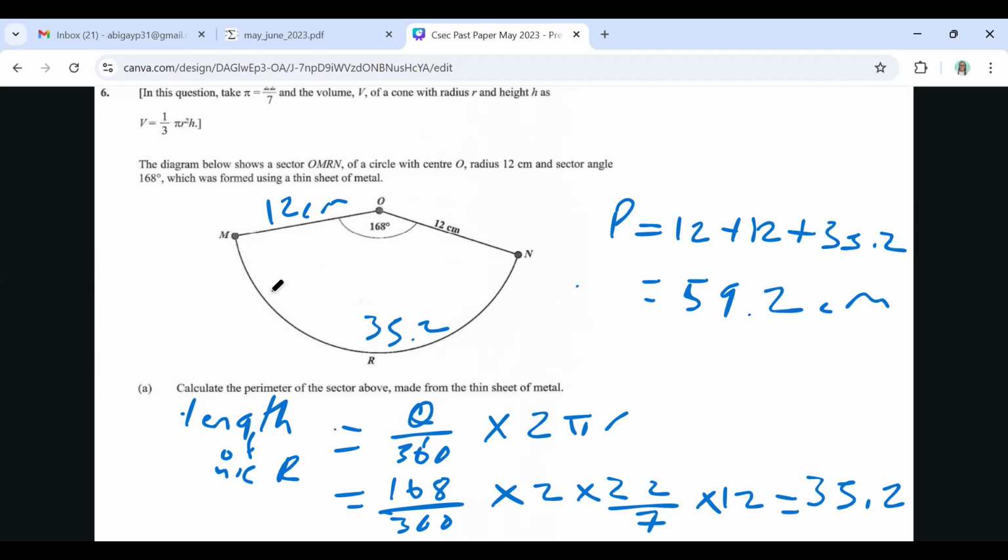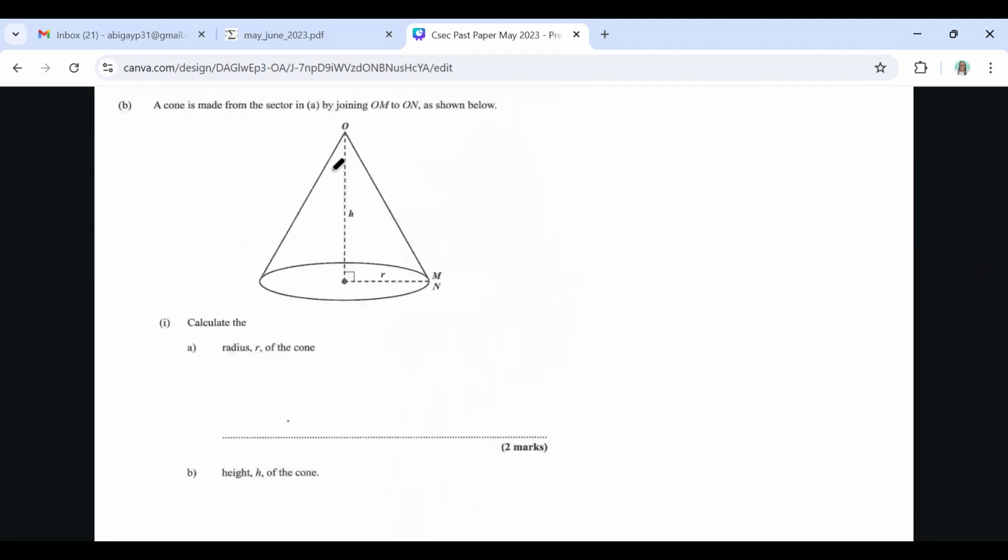So now this is the bottom circle, and this is going to be the top part. You know how to make a party hat, right? This is how it looks before it's formed into the party hat. Now they gave us the radius OM, but this is the radius that they want us to find.